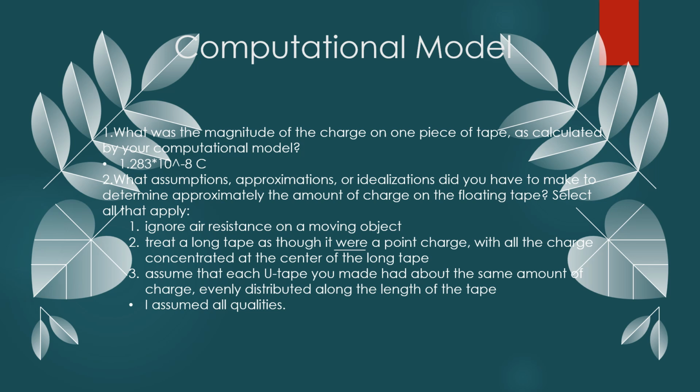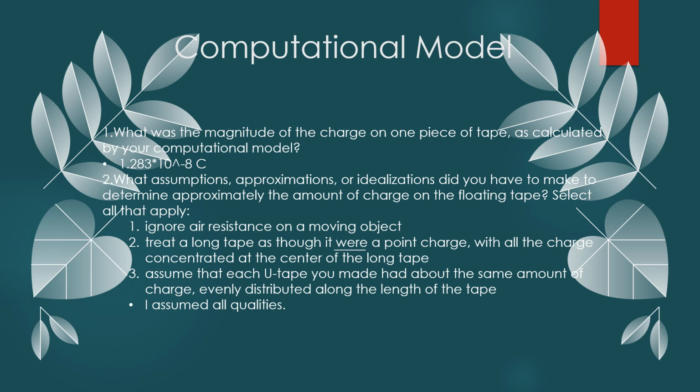What was the magnitude of the charge on one piece of tape as calculated by your computational model? What I found was the magnitude of the charge is 1.283 times 10 to the negative 8. What assumptions, approximations, or idealizations did you have to make to determine approximately the amount of charge on the floating tape? Select all that apply. These are the ones that I selected. 1.